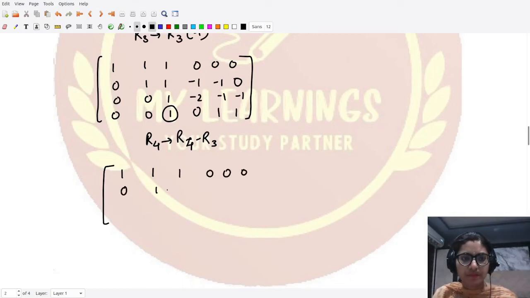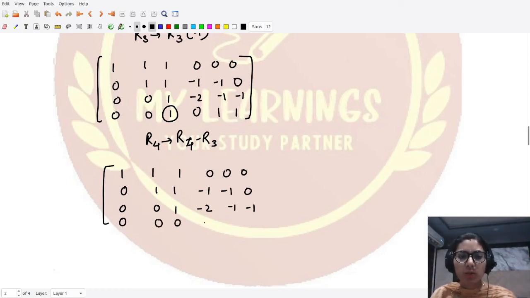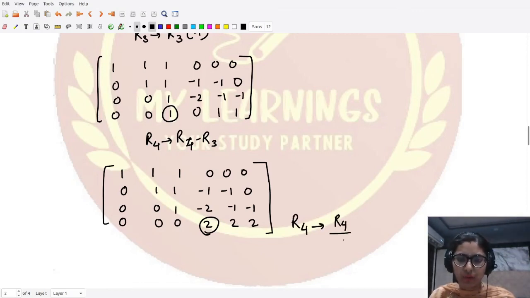So it is 0 1 1 minus 1 minus 1 0, then 0 0 1 minus 2 minus 1 and minus 1, then 0 minus 0 is 0, 0 minus 0 is 0, 1 minus 1 is 0, 0 minus minus 2 is 2, 1 minus minus 1 is again 2, then 1 minus minus 1 is again 2. So this is your matrix. Even if you make this element 1 by dividing R4 by 2, you have 1 1 1.